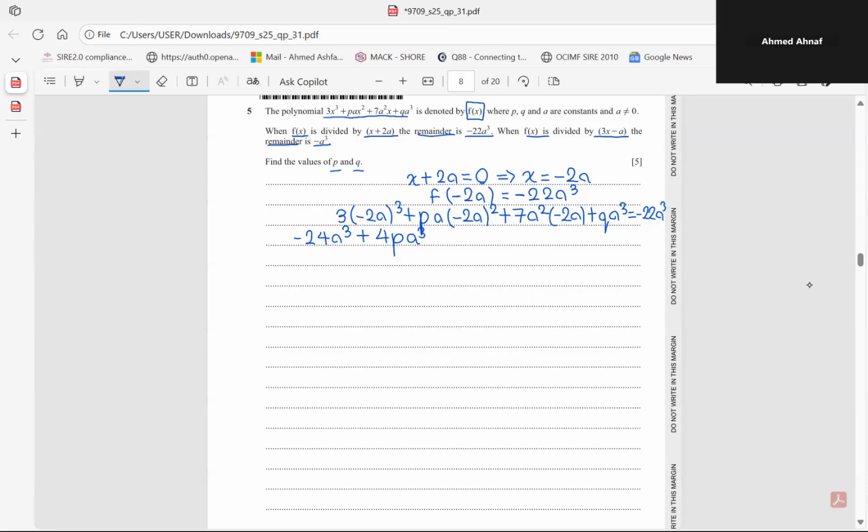And then 7a squared times minus 2a, that is minus 14a cubed. And we have q times a cubed equals minus 22a cubed. Okay, let's simplify the left-hand side as much as possible, bringing the p's and q's together. And minus 24a cubed minus 14a cubed, we get minus 38a cubed.